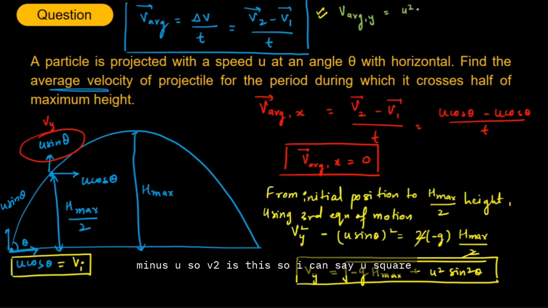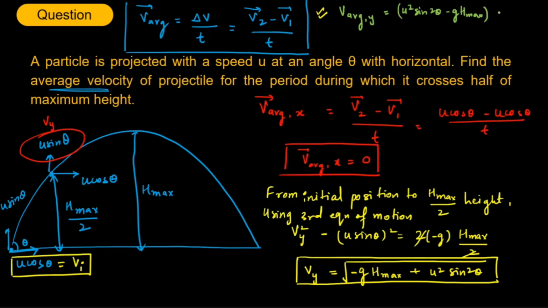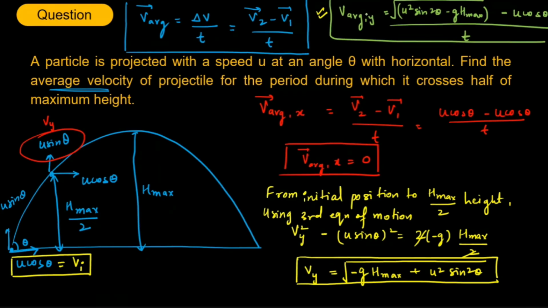So I can say root of u square sine square theta minus g h max, minus u cos theta, over t. So this is going to be the average velocity along y-axis, where average velocity along x-axis is 0.